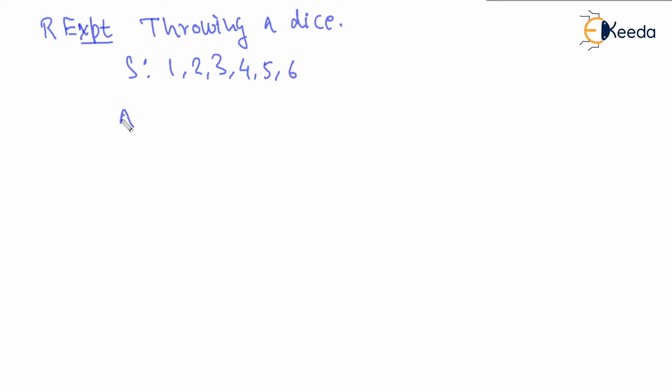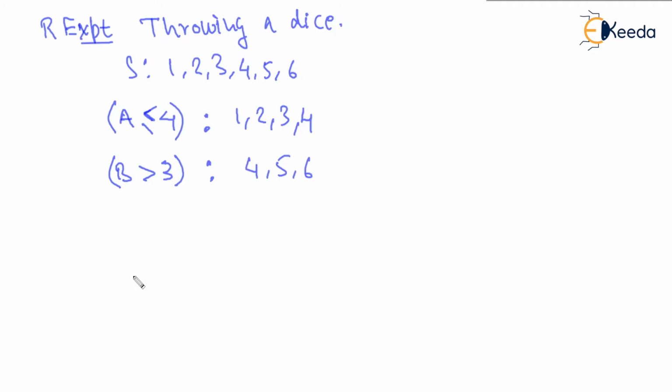Let's say event A is anything less than or equal to 4. So that means it consists of 1, 2, 3 and 4. And then B is anything greater than 3. That means greater than 3 is 4, 5 and 6.